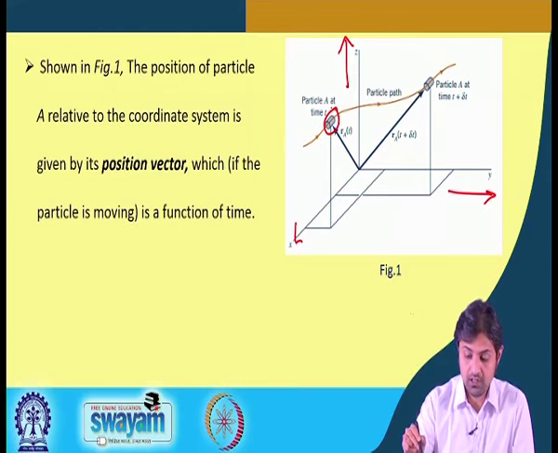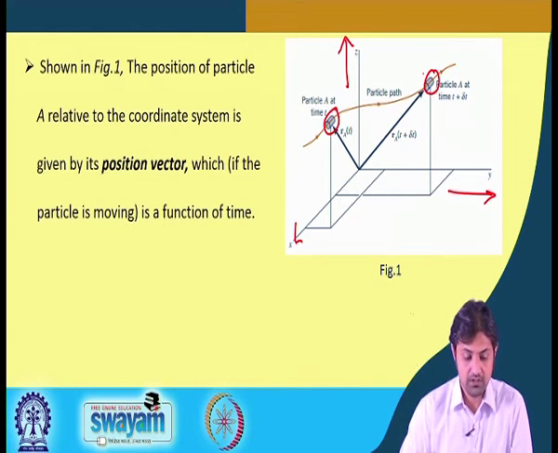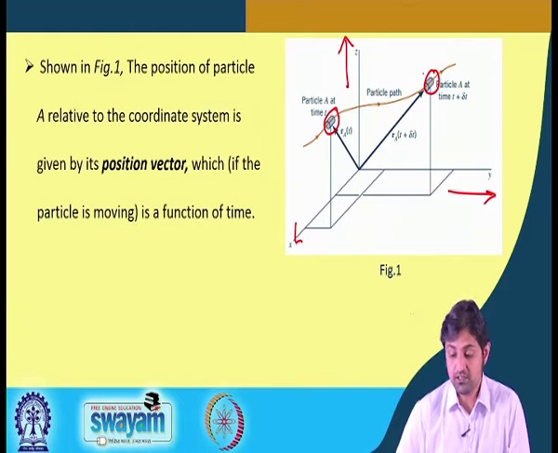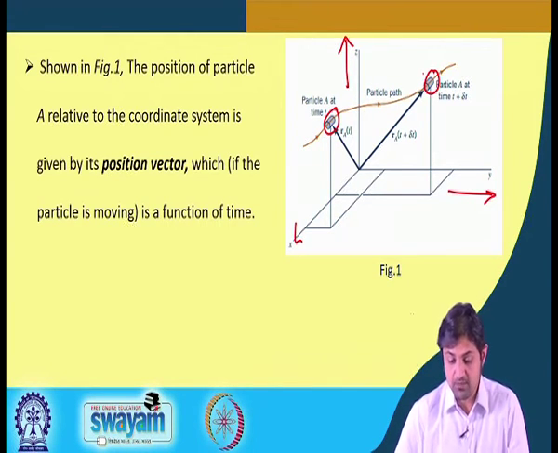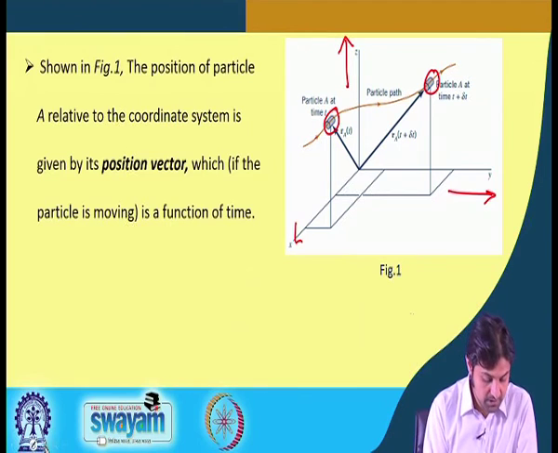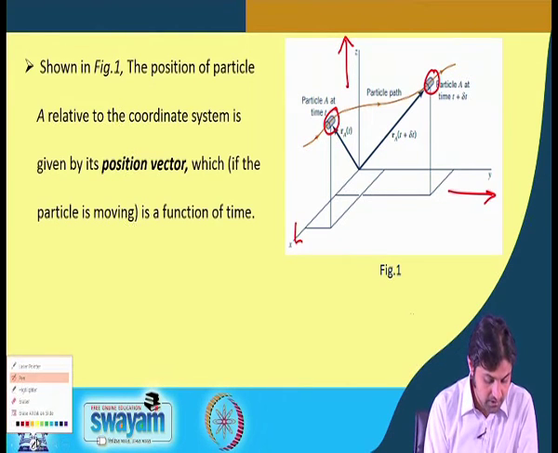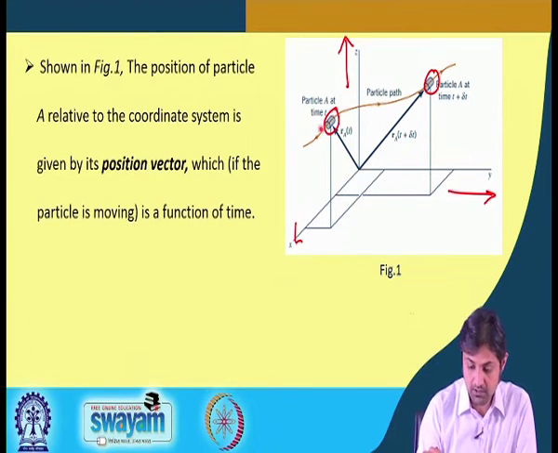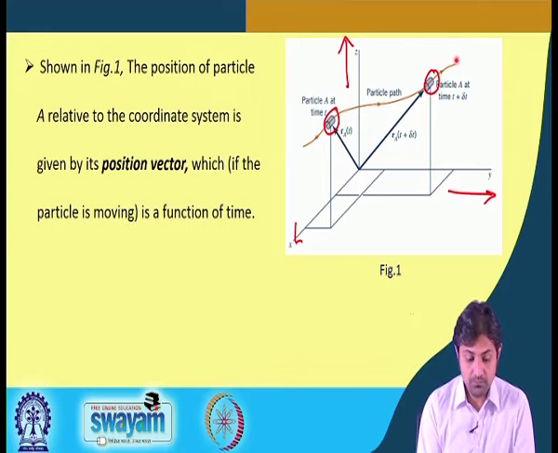So these particles are the same particle but at two different times, at time t and at time t plus delta t, and this red line here represents the particle path.